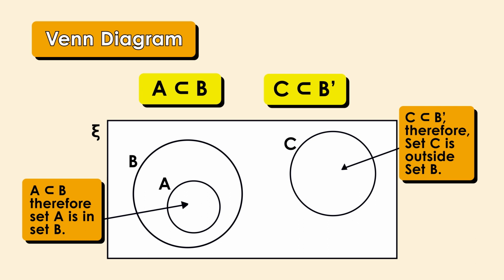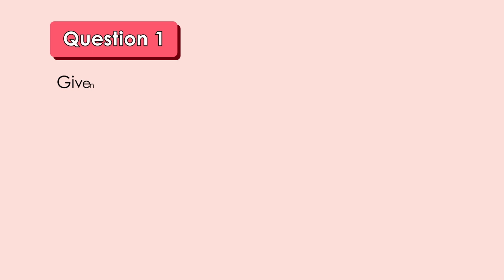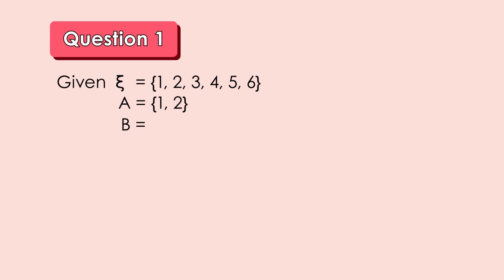Let's look at a question on a subset. Given that universal set equals 1, 2, 3, 4, 5, and 6. A equals 1 and 2. B equals 1, 2, 4, and 6.